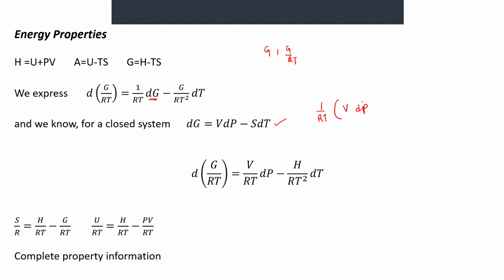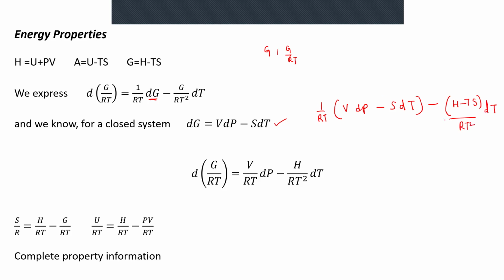So VdP minus SdT minus G, and G again is H minus TS by RT squared into dT.